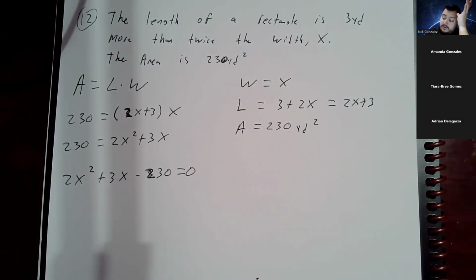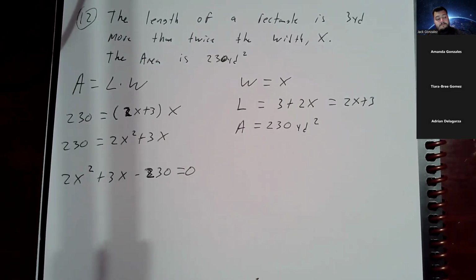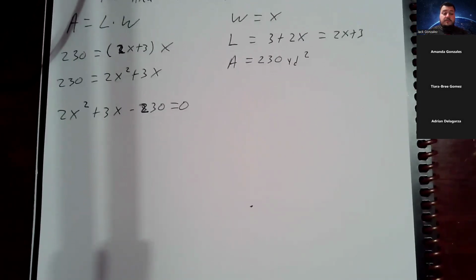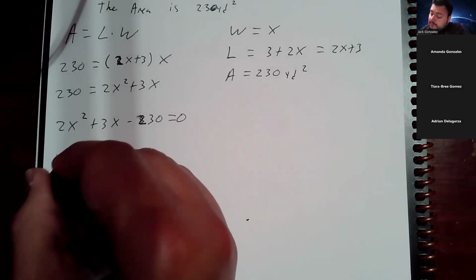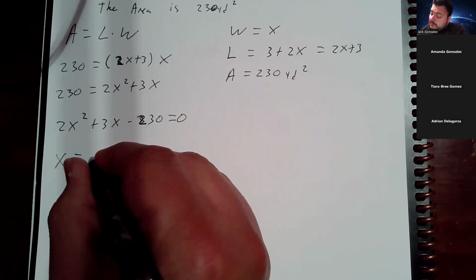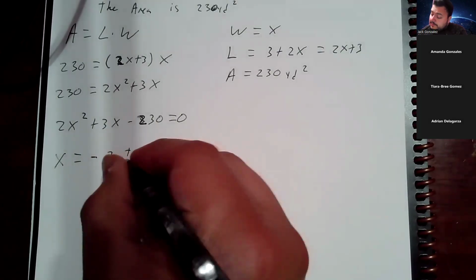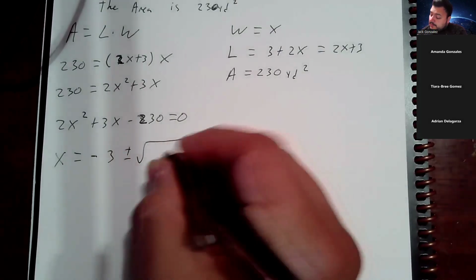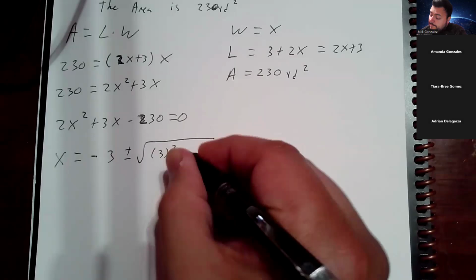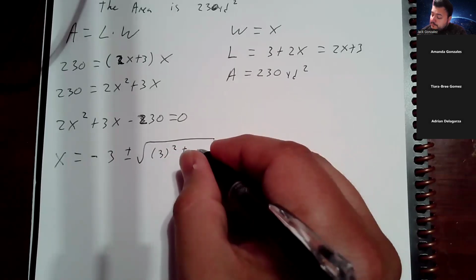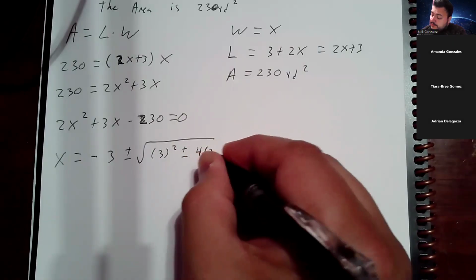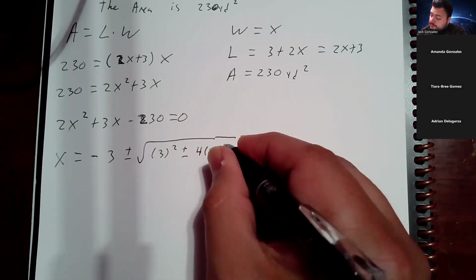Alex does trial and error straight up, which I think is kind of silly. Unless you're really good at factoring, I wouldn't do that. So I'm going to use quadratic formula and say that this is negative b plus or minus the square root of b squared minus 4 times a times c.